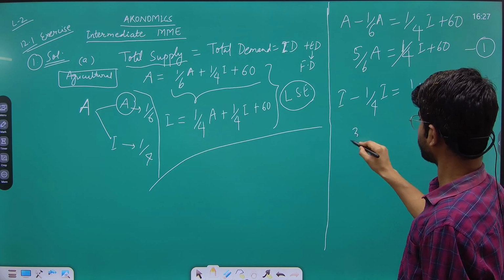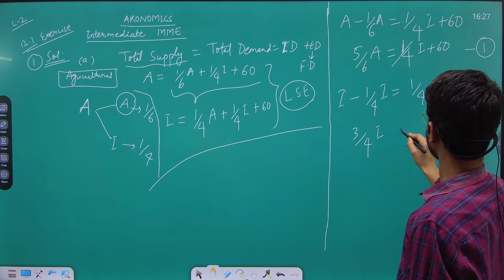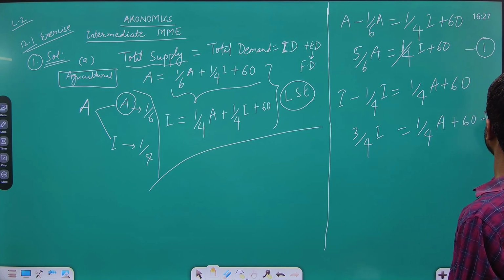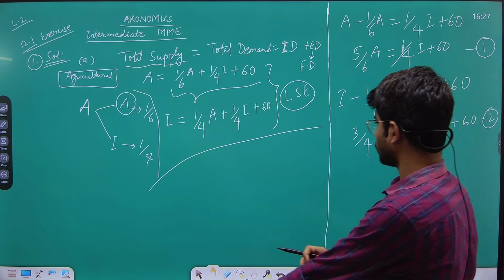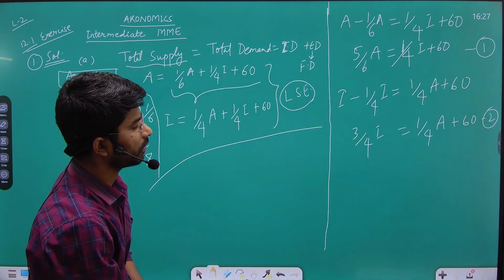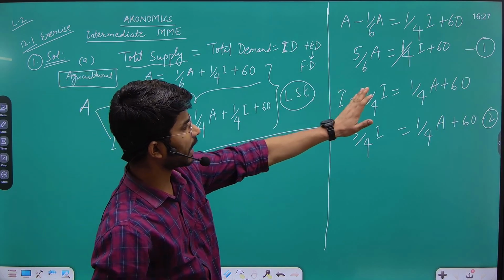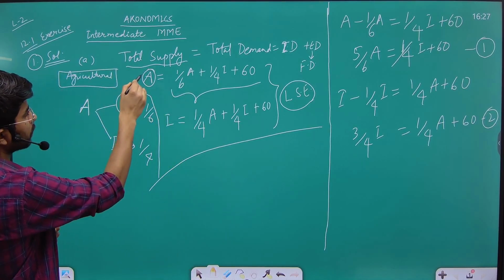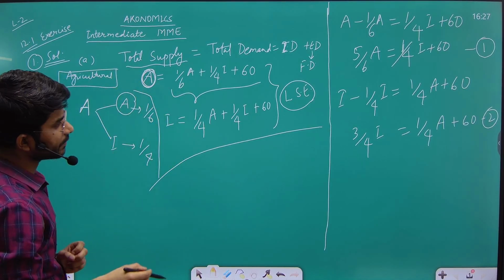So you will have 3/4 I equal to 1/4 of A plus 60 as your second equation. While trying to solve these two equations together, you will find the values of I and A. I and A were your total supply. Okay?